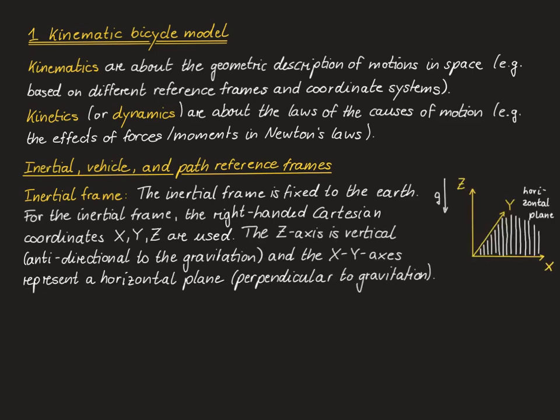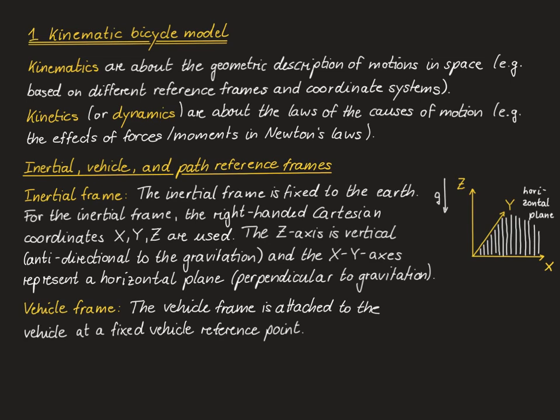Here, the z-axis points in the vertical direction, anti-directional to the gravitational vector g, and the x and y-axis represent the horizontal plane, meaning that they are both perpendicular to the gravitational field.